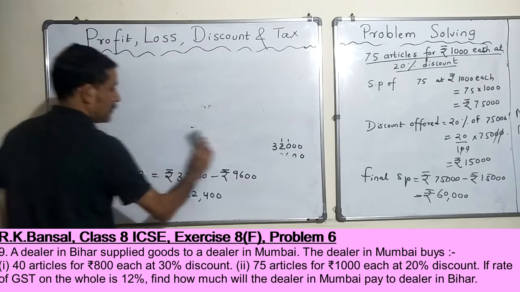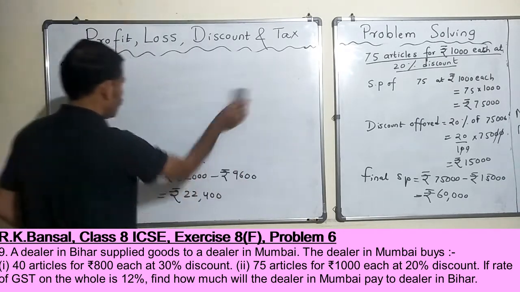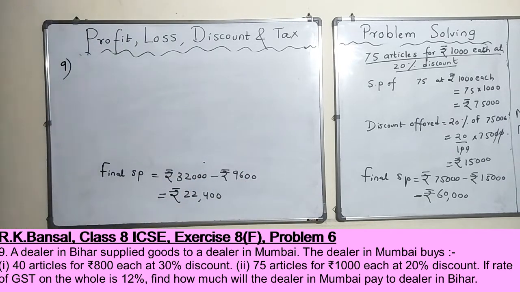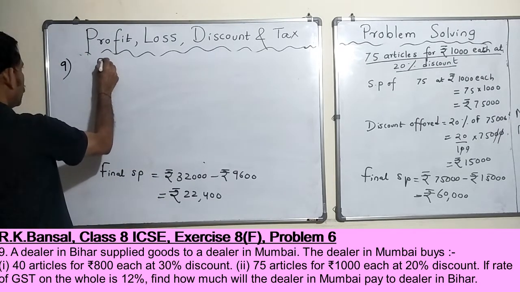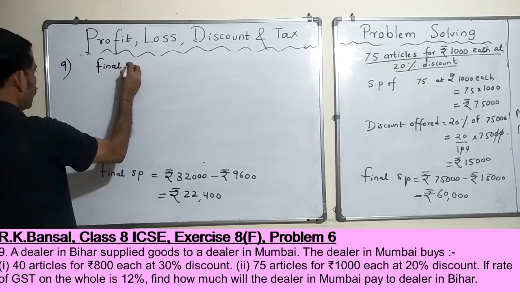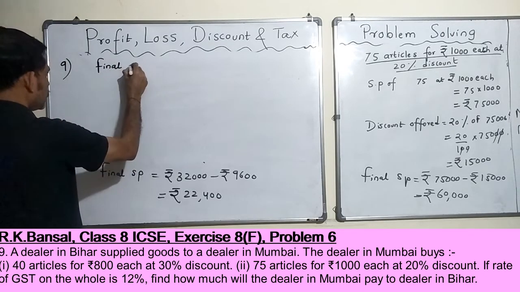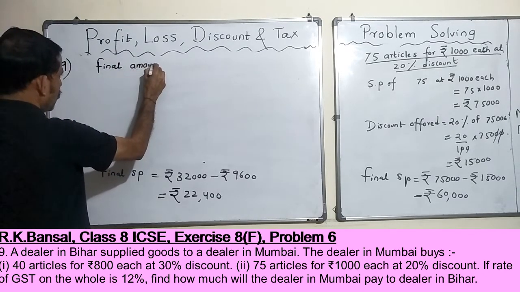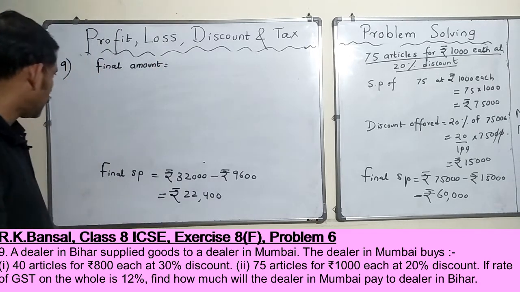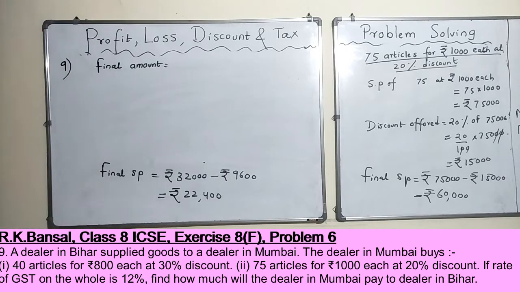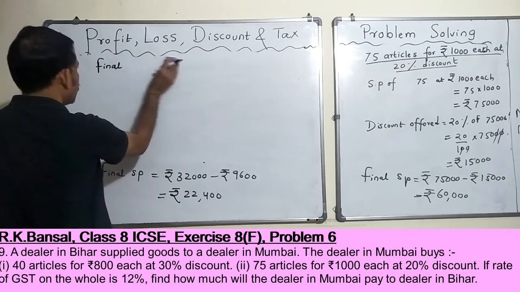Okay, all right. So this is fine. So the final bill amount is equal to, okay, before that, right, the final selling price for both, right, final SP.